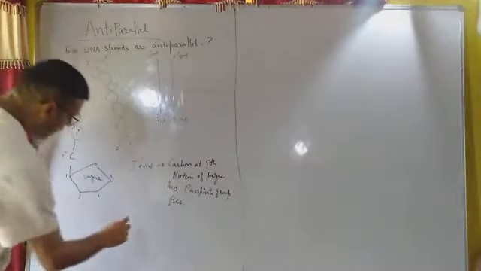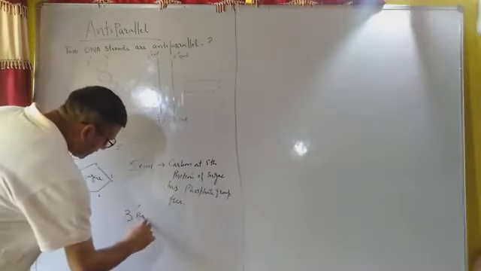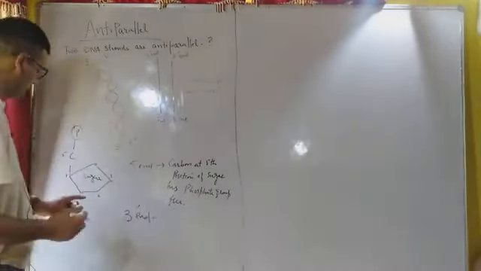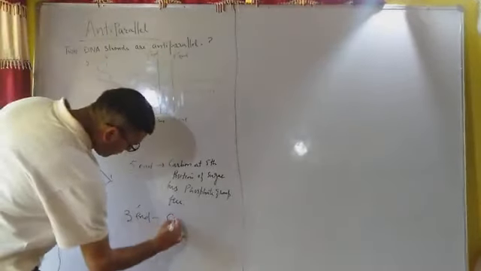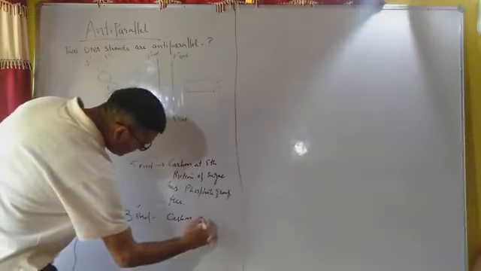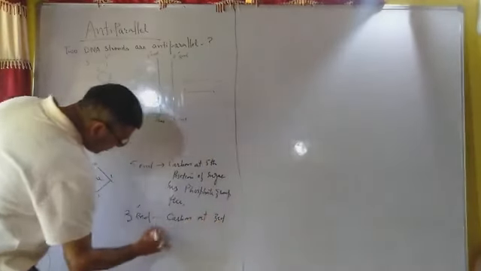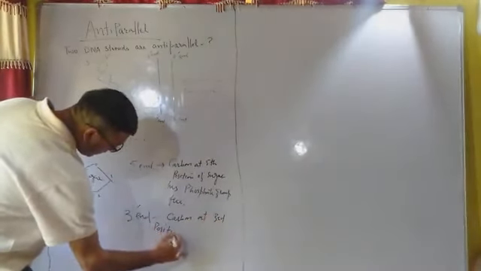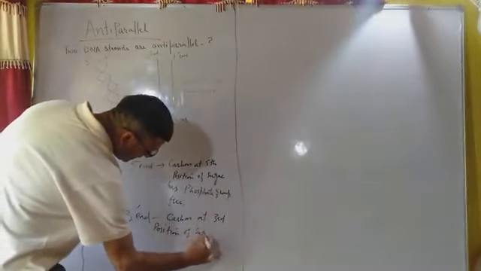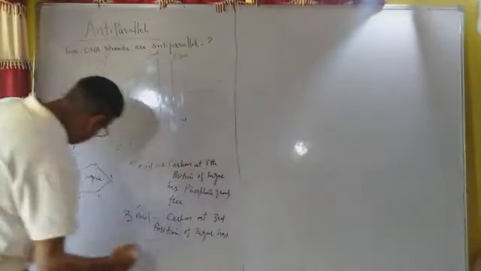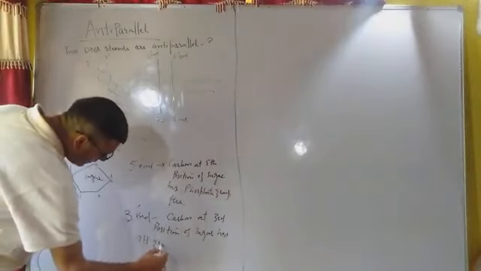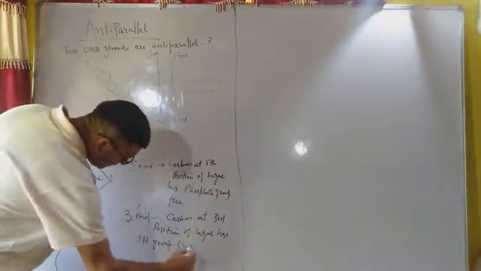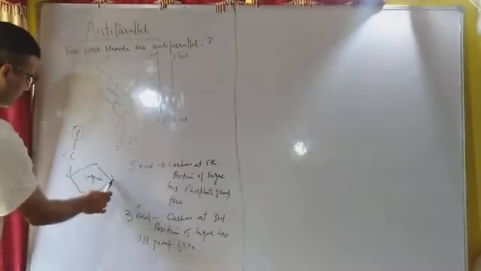Now what do we mean by the 3' end of the DNA? It means that the carbon present at the third position of the sugar has a hydroxyl group free. This is carbon first, second, third.